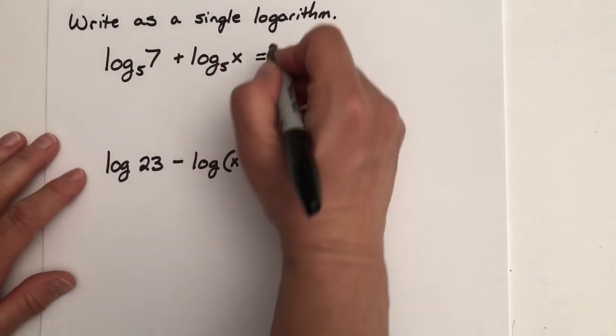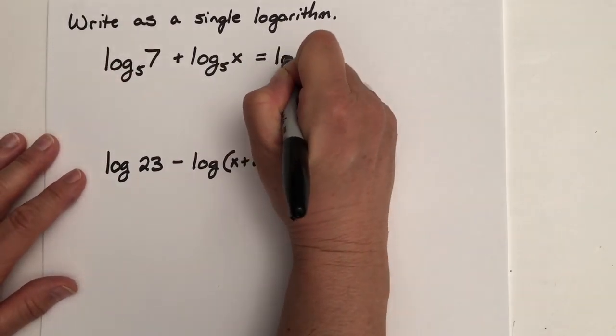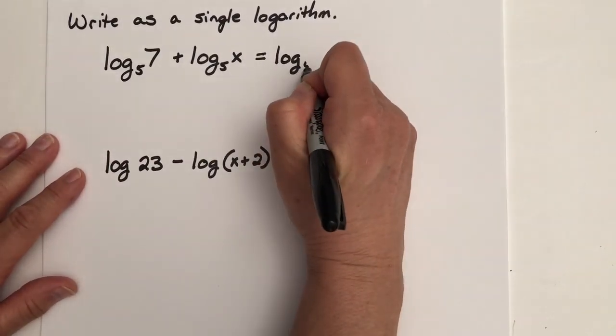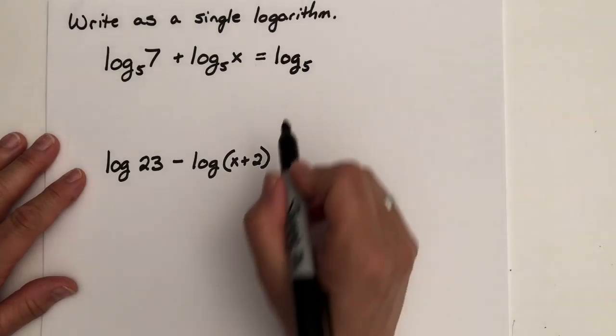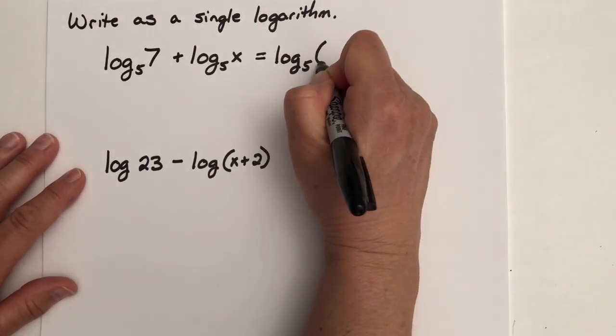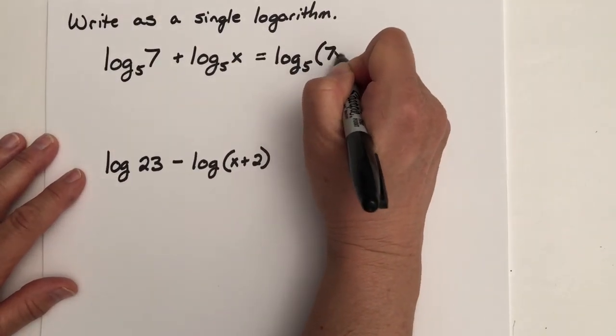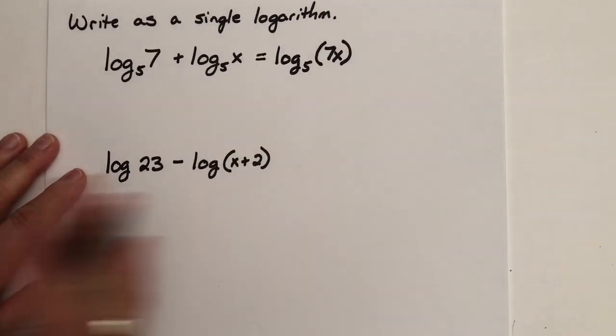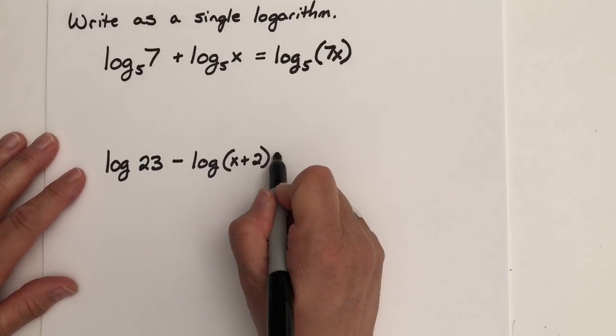It's equal to the log of their product. So I make sure I multiply those together. It is so tempting when people are first learning to work with logarithms to add them, but it is a product. And that one's finished.